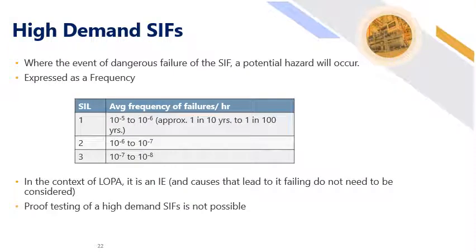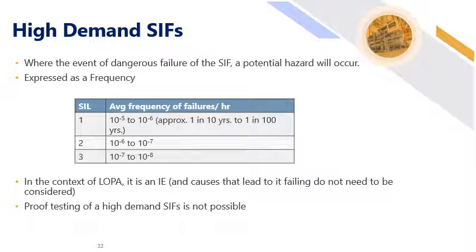We have three different modes of operation to consider when we're looking at a SIF, and the first one is the main one that we've been talking about, which is low demand mode, and we generally look at that as any SIF that is having demands placed on it less than once a year.